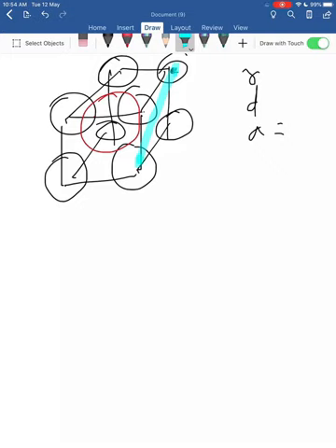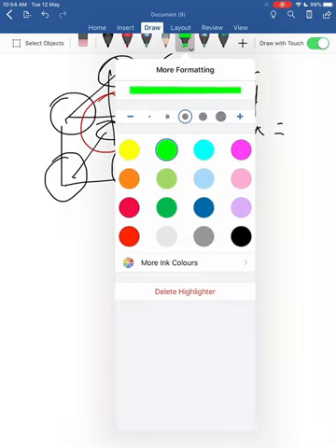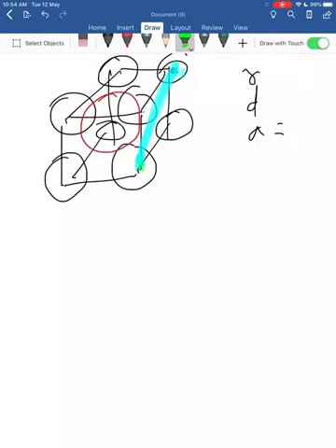Let's calculate that. To calculate this distance, we'll find out the value of this. This is a, as you can see, this is the edge length a. This is also the edge length, so this is also a. Now this happens to be the hypotenuse in this right angle triangle.